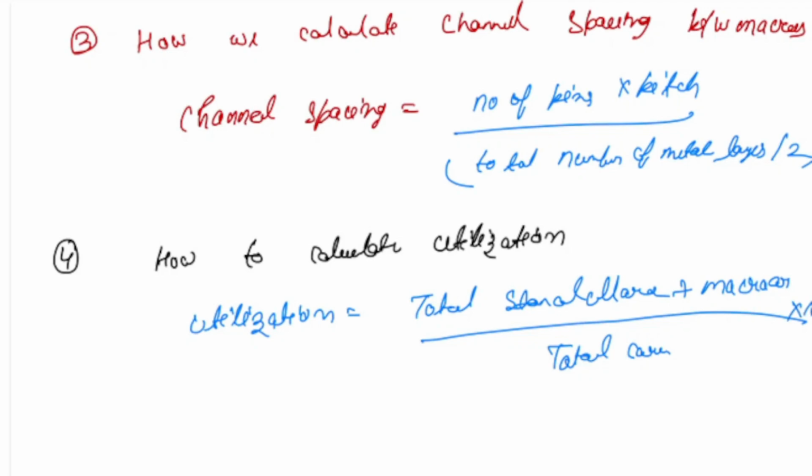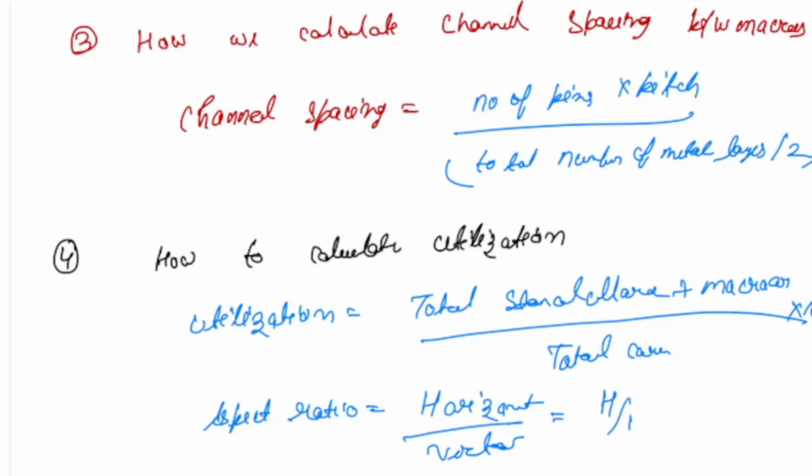By this we can get the utilization percentage. And aspect ratio is horizontal upon vertical, or height by width.